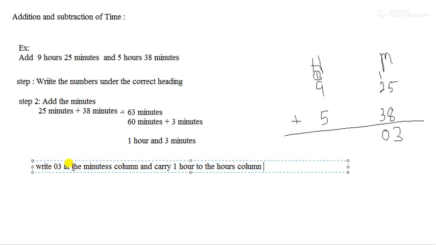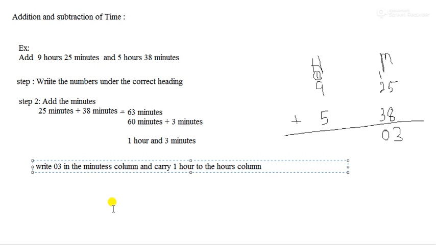So write 03 in the minutes column. Here we have got this 60 and we have converted it into hours. So 1 hour equals 60 minutes. So this 60 minutes is converted into hours, so 1 hour 3 minutes. How many minutes are there here? We have 3 minutes. So write 03 in the minutes column and carry 1 hour to the hours column.